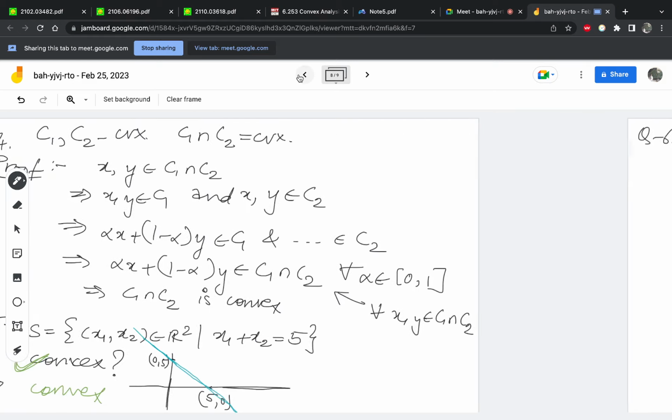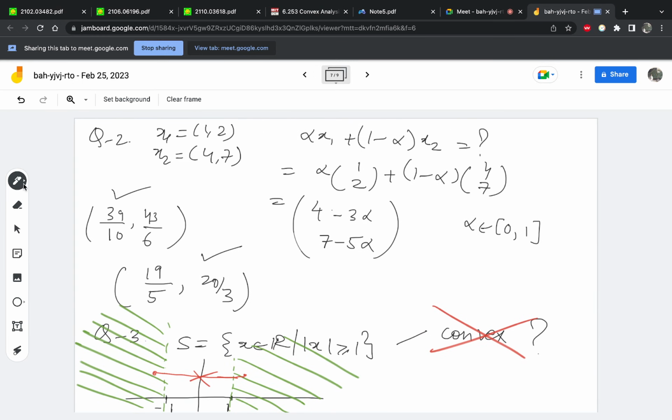So let's go back to this example. It's in a similar spirit. Here we had S equals mod x greater than or equal to 1, all such points. The boundary was this, and anything outside this wall was included. So then there is this gap. If I pick any points and try to join a line, it goes through this gap, so it's not convex.